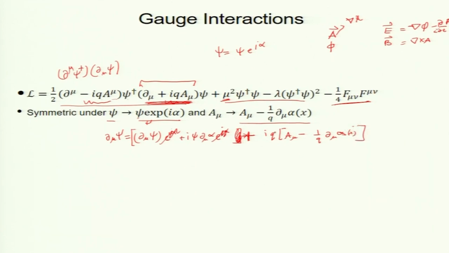This q will cancel, there is a minus i, it exactly cancels that. So, we get back the original derivative operator multiplied by e to the i alpha, and if I do the left guy, I get the same derivative operator with e to the power minus i alpha. So, e to the power i alpha and e to the minus alpha cancel and we get the same Lagrangian for this part. This is a very nice interaction term which preserves this symmetry.